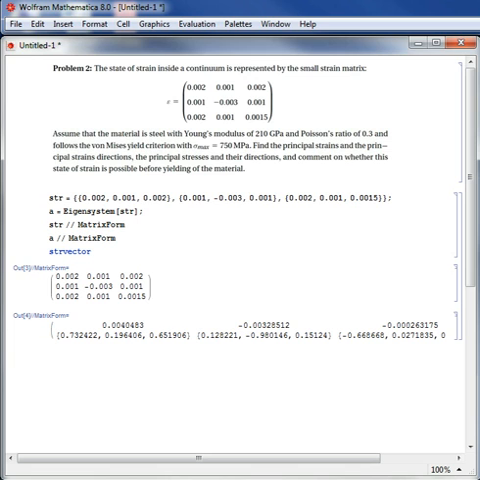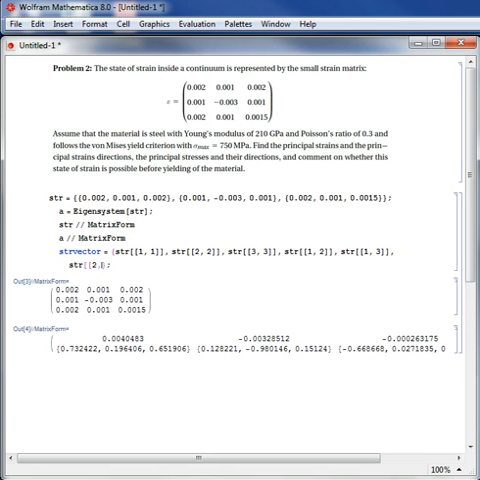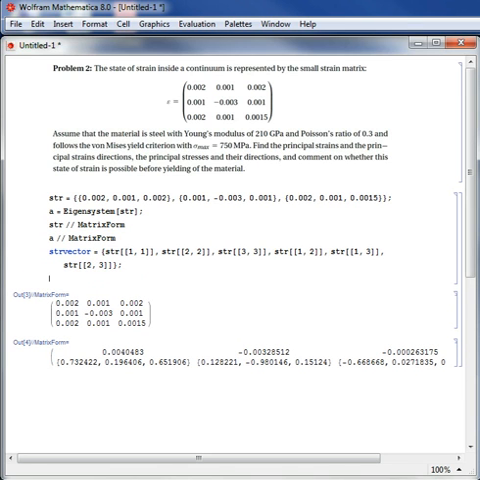The strain vector is made out of certain components of the strain. The first component is epsilon 1, the second is epsilon 2, the third is epsilon 3, and then epsilon 1 2, epsilon 2 3, epsilon 1 3, and finally epsilon 2 3. So this is my strain vector.